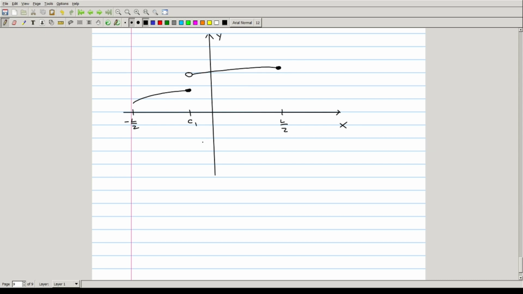It's this value right here, and then this value right here. So the Fourier series of such a function, which is piecewise continuous, will end up converging, and it'll converge to something that looks like this.